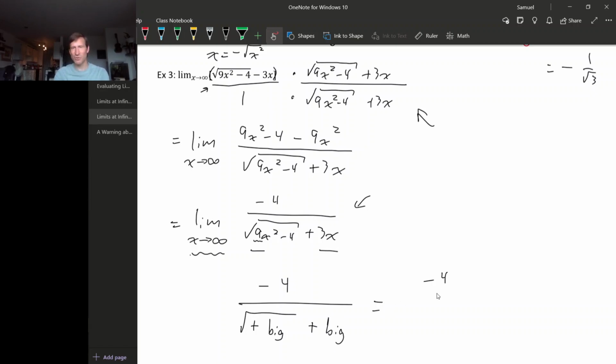Well, minus 4 over this denominator, there's no ambiguity now. The problem at the very beginning of this example was we had infinity minus infinity, but this time we have infinity plus infinity, so there's no ambiguity about that. That's really big. And minus 4 over something big and getting bigger is going to 0. So this limit is actually 0. I know I said at the beginning that infinity minus infinity isn't always 0, and that's true, but this particular example does turn out to be 0.